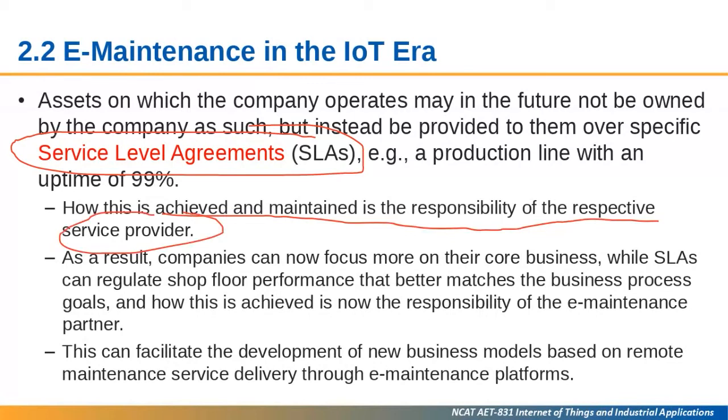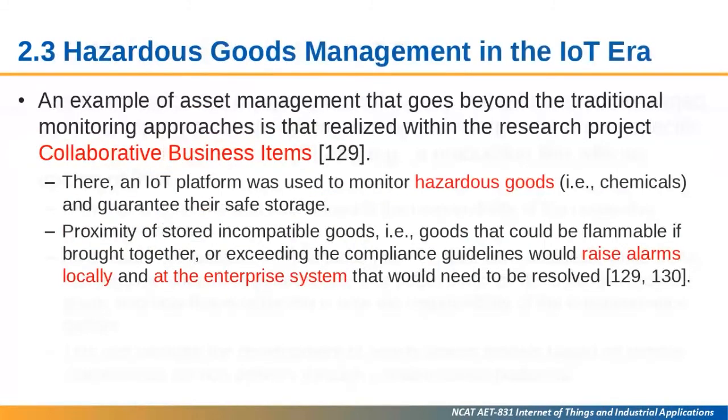What it means here is that the production line is a service, and the service provider will take care of the production line so that it can work 99% of the time, so that the company itself does not need to pay that much attention to the maintenance of the production line. They just need to focus on their core business. That's for the e-maintenance based on the asset management.